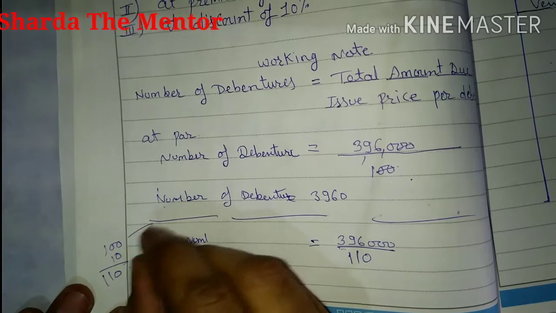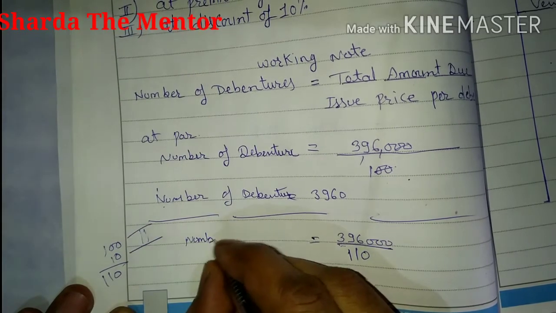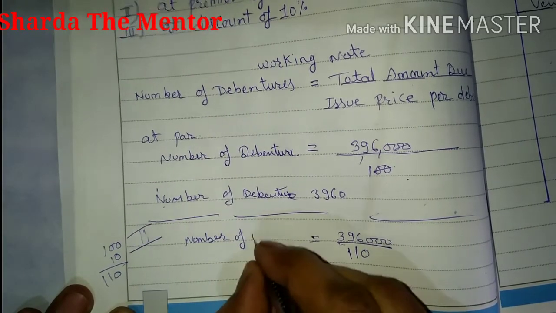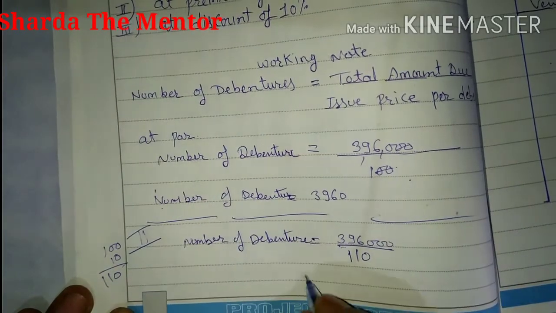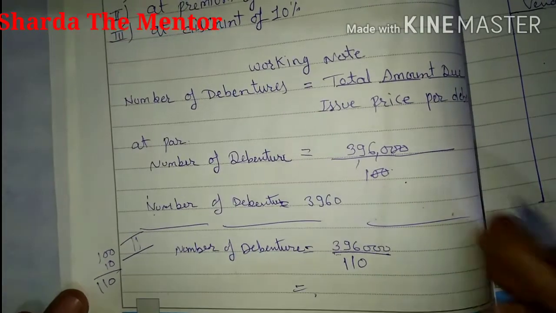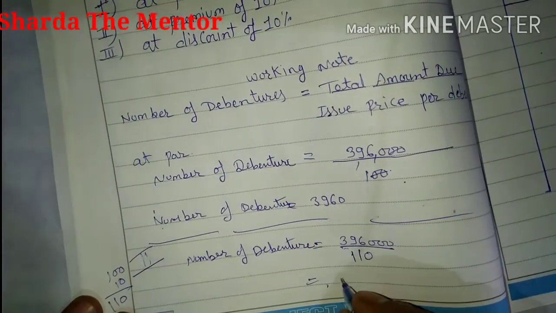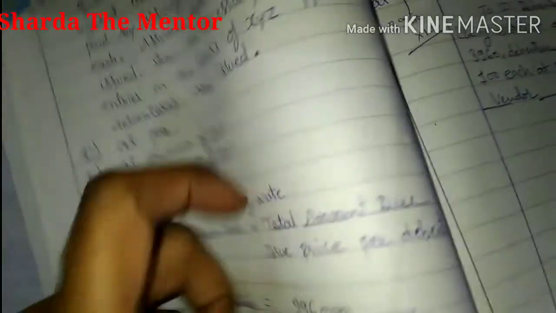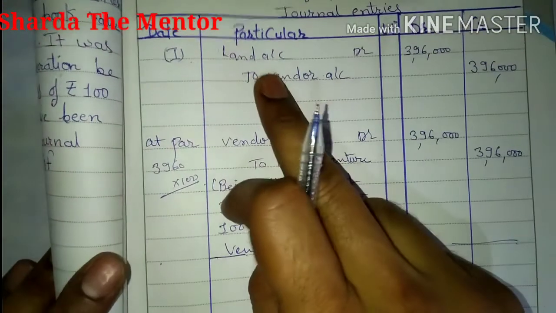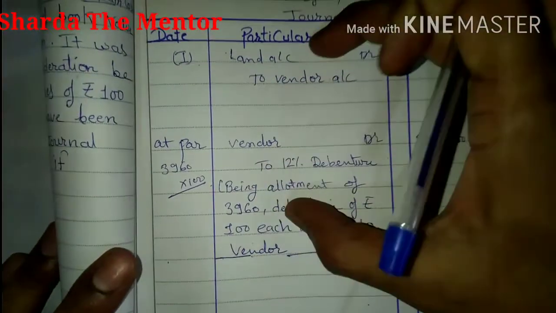So the number of debentures in case of the second, you have to find out. The number of debentures will be 3,600.